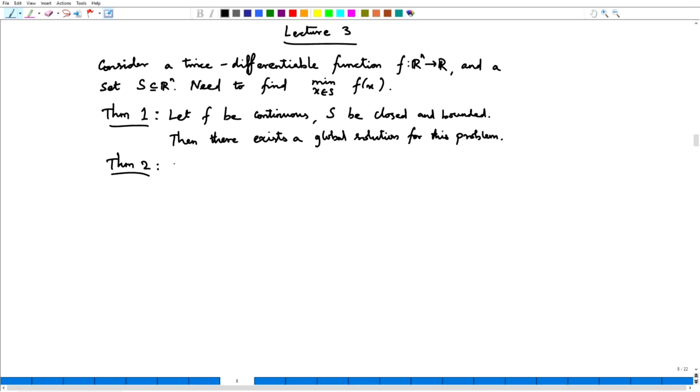and the second theorem is regarding the relationship between the local solution and a global solution.